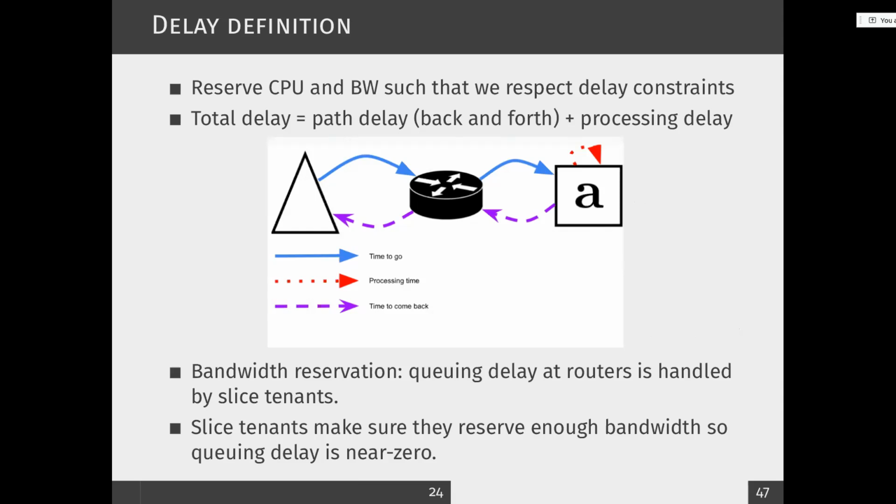But I don't consider the queuing delay at the router here because we consider that we reserve bandwidth, similar to before. If you reserve bandwidth as a tenant, it's on you to make sure that the throughput is low enough that the routing delay, the queuing delay at the routers, is negligible.